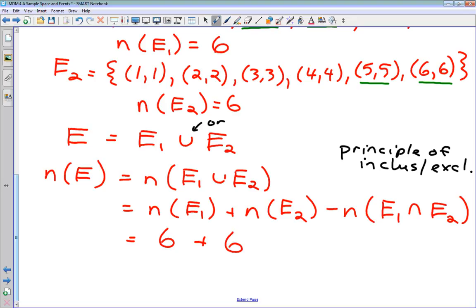How many things are in the intersection? It's those two elements, so we need to subtract those off. So 6 plus 6 is 12, minus 2 is 10. So there are 10 ways that the player can win this game.